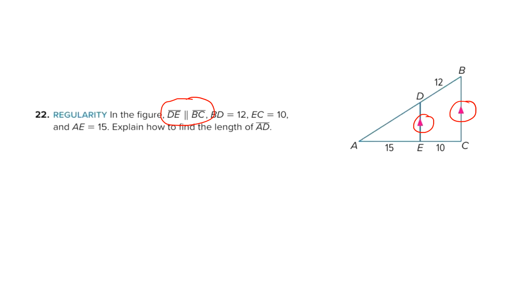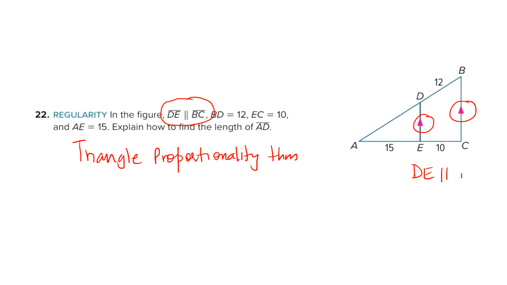So we can apply the triangle proportionality theorem. So let's recall what this theorem is. This theorem says that if you have a triangle and you have a side DE which is parallel to the base BC, then DE divides the other two sides AB and AC in the same ratio.